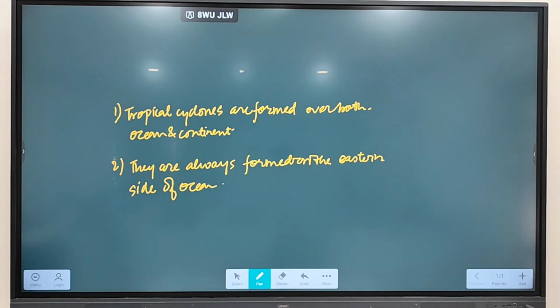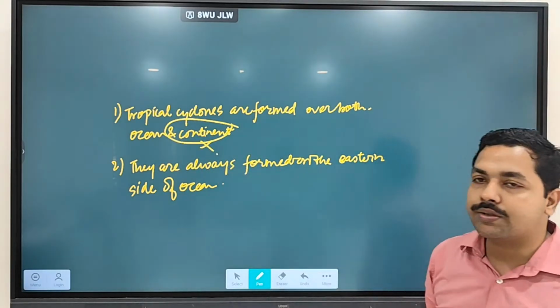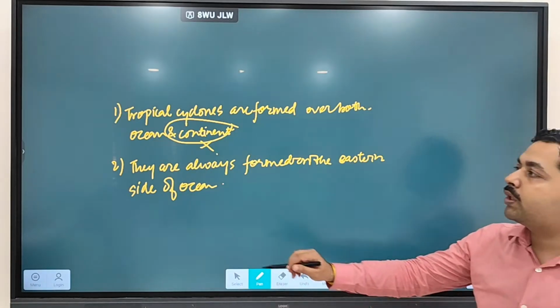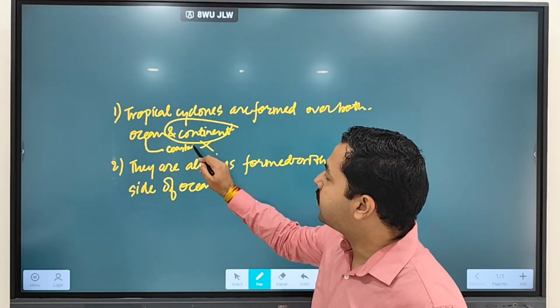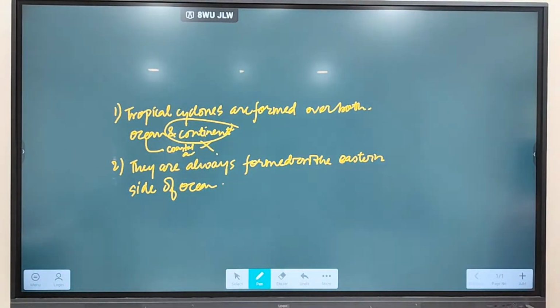They are not forming at the continent. So that's why the first statement is wrong. Tropical cyclones always originate at the ocean. They are not formed at the continent. Clear? Second, once they form over the ocean, they are moving from the ocean to which areas we have written? Coastal areas. So they are moving from the ocean towards coastal areas, but they are not forming over the continent.